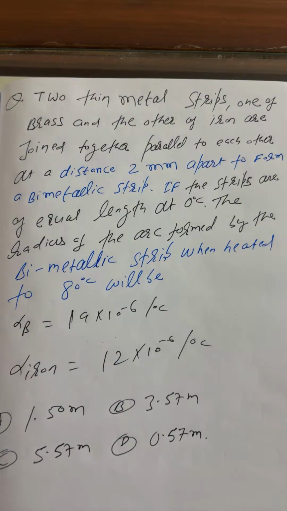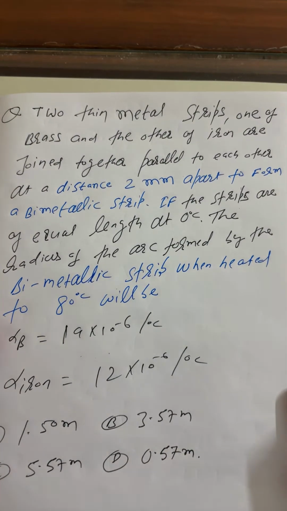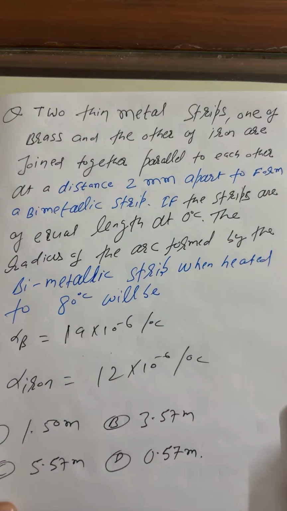It's literally very easy. What do they ask? Two thin metal strips, one of brass and the other of iron, are joined together parallel to each other at a distance 2 mm apart to form a bimetallic strip. If the strips are of equal length at 0 degrees Celsius, what is the radius of the arc formed by the metallic strip when heated to 80 degrees Celsius?